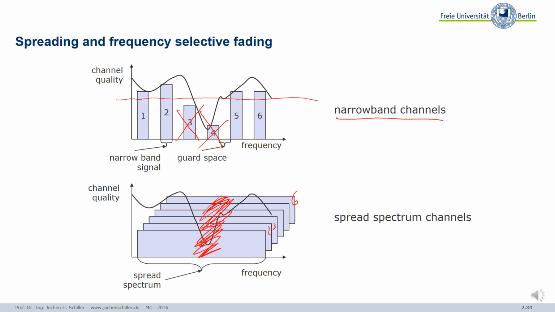With spread spectrum technology, you're not that vulnerable to frequency selective fading, because sometimes certain frequencies experience a lot of interference, like the classical microwave oven at 2.4 gigahertz, and then you're lucky if you have more of the spectrum. Also, if someone wants to disturb your communication, they try to jam certain frequencies.